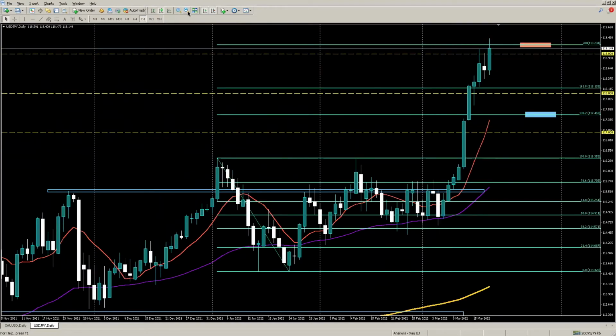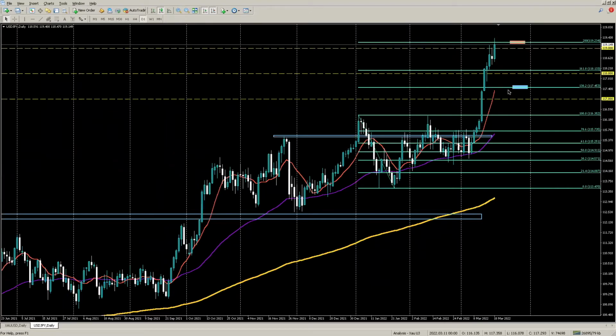Back to the daily time frame. So I've marked the 138 fib at 117.40 area support, and for now, key resistance at the 200 fib, just above the 119.23.